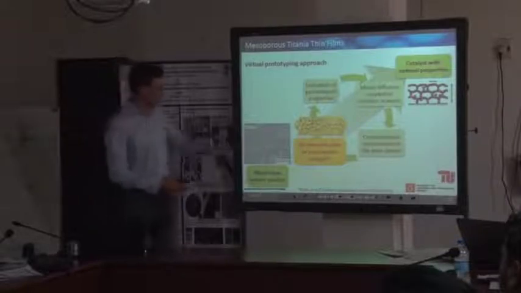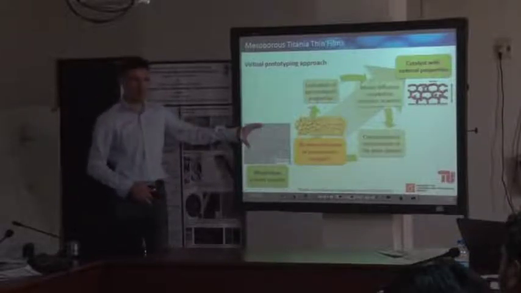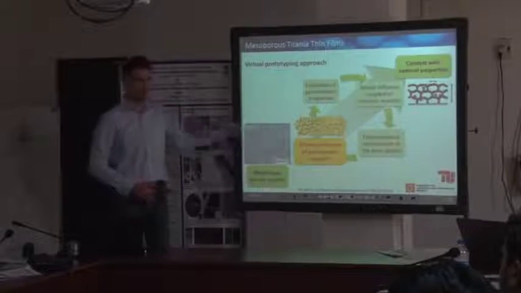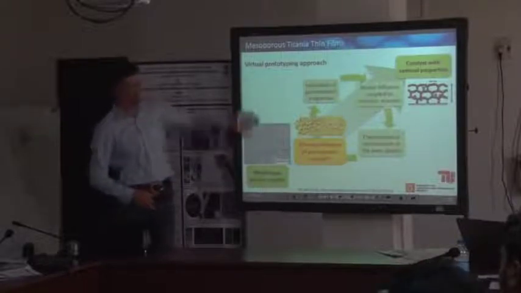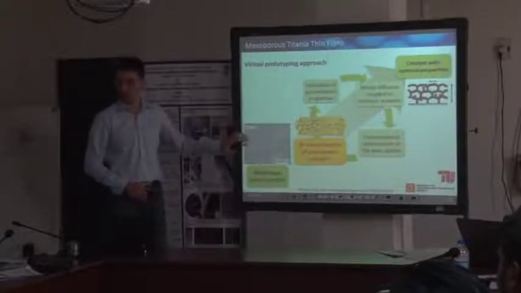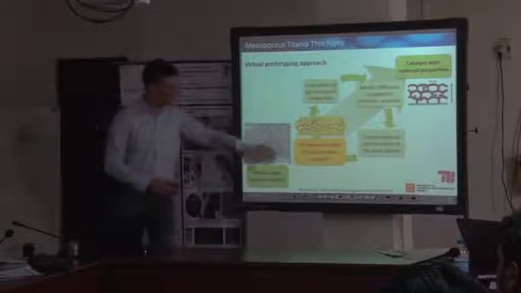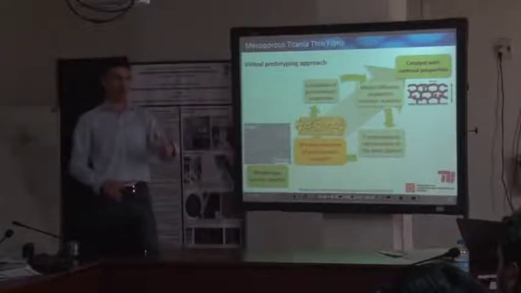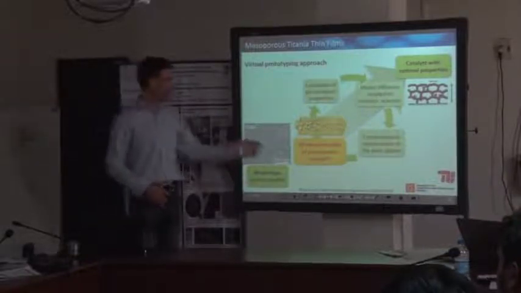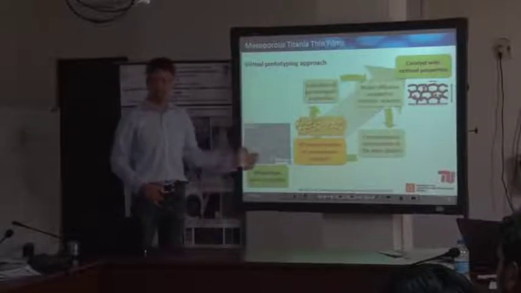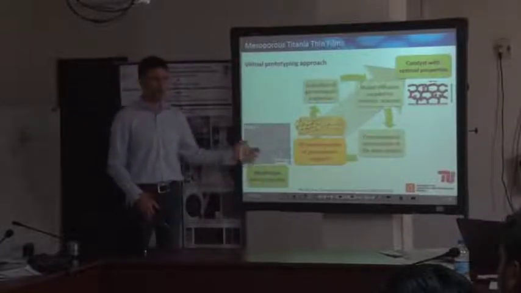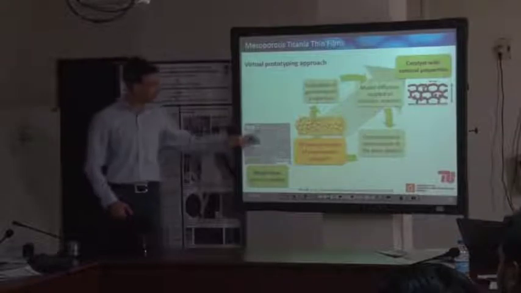You could just prepare a plan view sample by cutting one piece of the sample and backthinning it by dimpling, for instance, or with an argon ion beam. Once you reach a certain electron transparency, you can just use the sample in your sample holder and tilt it up to 75 degrees. So the conventional electron tomography sample preparation is far easier. You don't need a focused ion beam, and you can do some reasonable work.